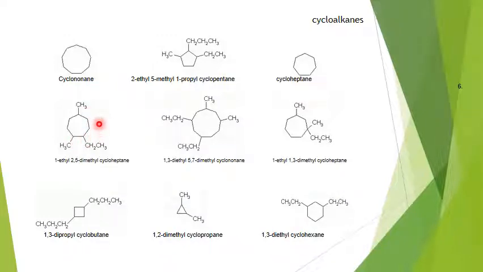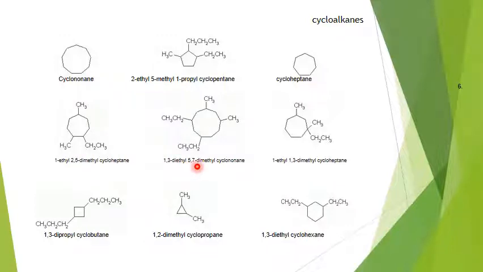If you go counterclockwise, it'd be 1, 4, 6. If you go clockwise, it'd be 1, 2, 5. So we're going to go clockwise. So the 1-ethyl, 2,5-dimethylcycloheptane.